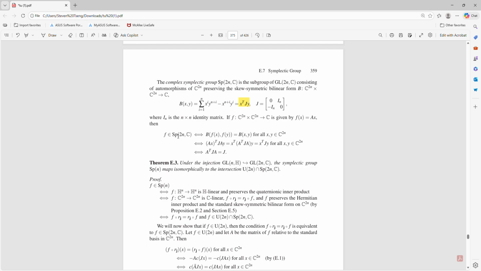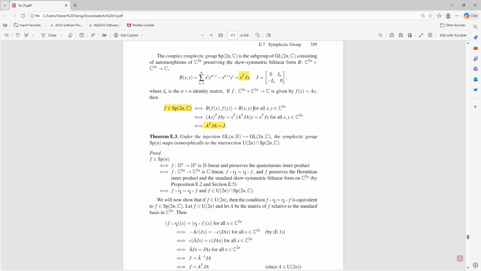And by a sequence of computations, we get that these two things are equivalent. Finally, we give a theorem about the symplectic group.